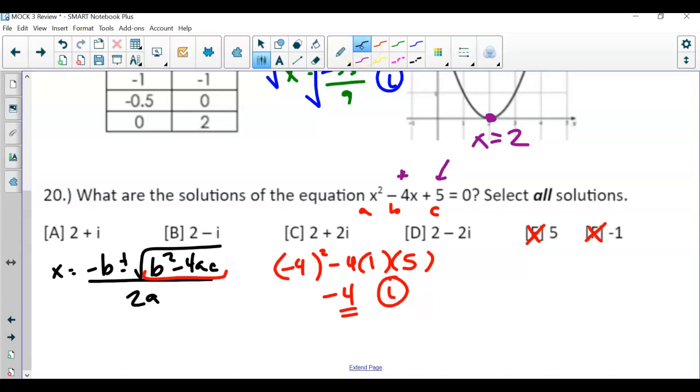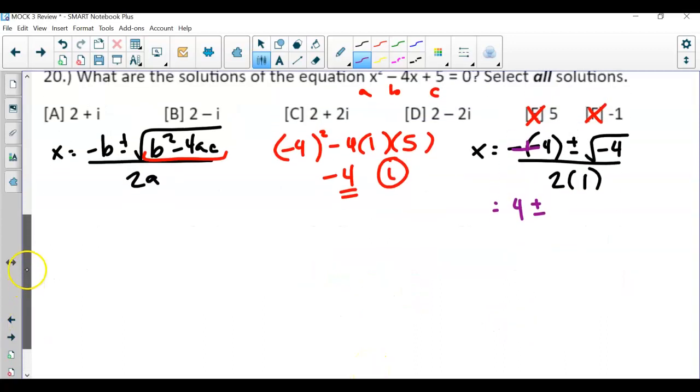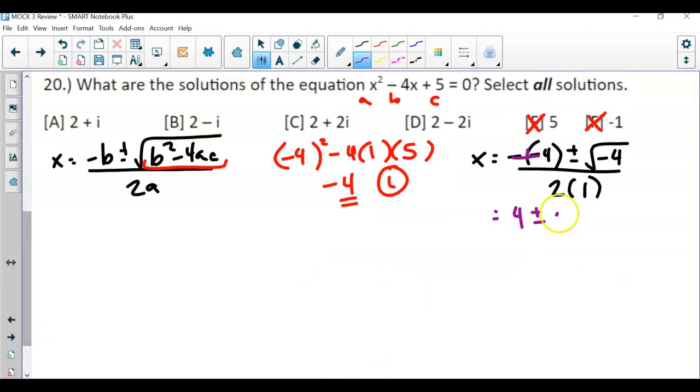Now I'm going to continue. x is equal to negative b, well, b is negative 4, plus or minus the square root of the discriminant, negative 4, over 2 times a, which is 1. Now notice in the numerator, two negatives making a positive. So I've got 4 plus or minus the square root of negative 4, which is 2i, all divided by 2 times 1, which is 2.